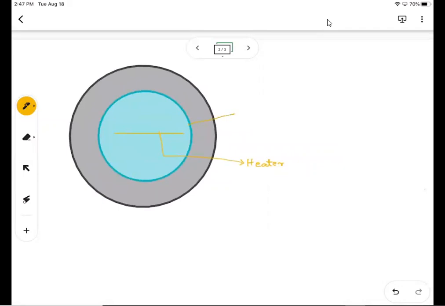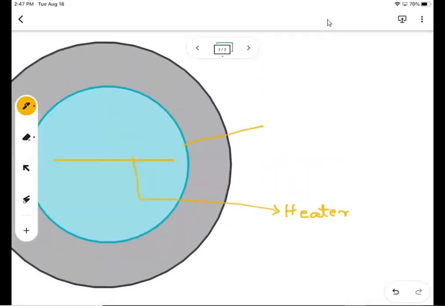This is a copper shell. It's hollow. And again, the outer layer is also a copper shell. In between these two, there is an insulating powder.